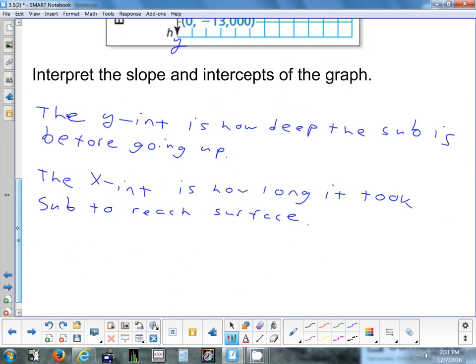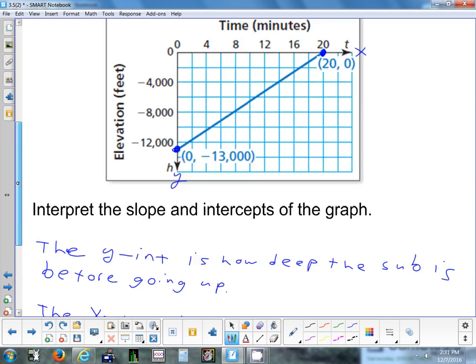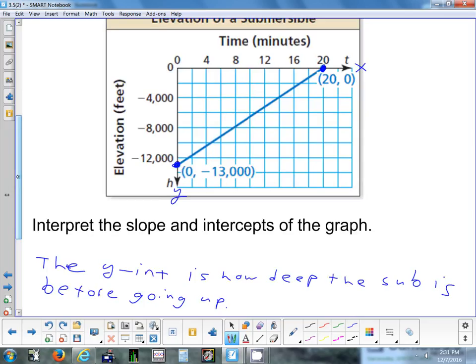Any questions on that? Now, the last thing I'm going to do is find the slope. And I'm going to get an answer, and I want to know what the slope means in terms of the submarine in this problem. Okay. Do they give me 2 points? Yeah. So I could find the slope. Let's see. What could we call 0? x1 or x2?